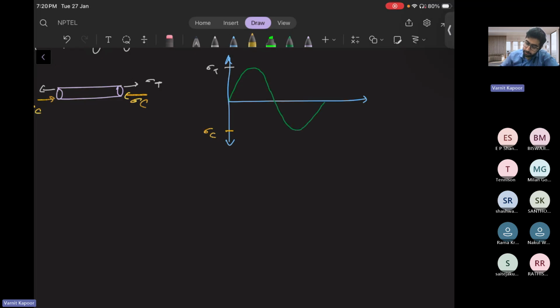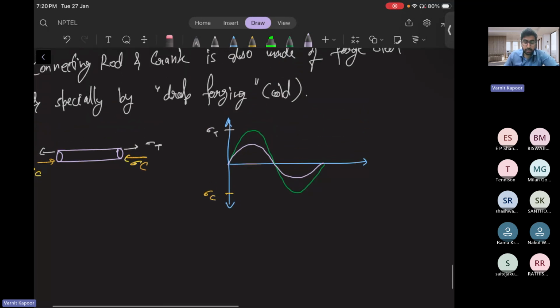But after you forge it, the stresses experienced will be this. And that's what you want actually. You don't want high stresses to be generated, and internal stress should also not be very high. Okay, so I'll write before forging. And this is after forging.